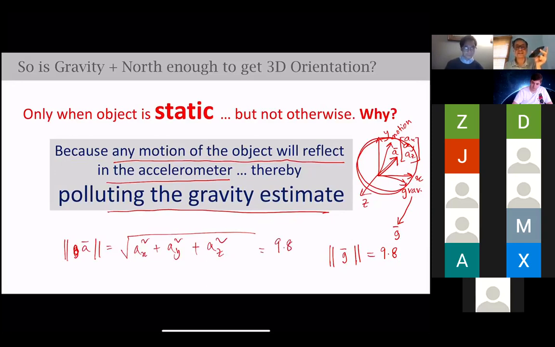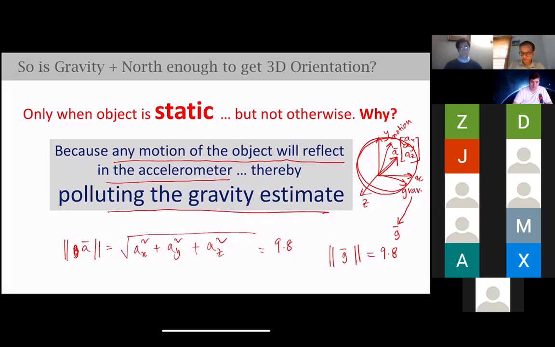Exactly. Right? So this is one heuristic where you say, look, is the magnitude of the accelerometer vector 9.8? That doesn't mean that the object is static, right? But it's a reasonable heuristic, because the chances that the object is moving and the accelerometer is exactly 9.8, that chance is small.